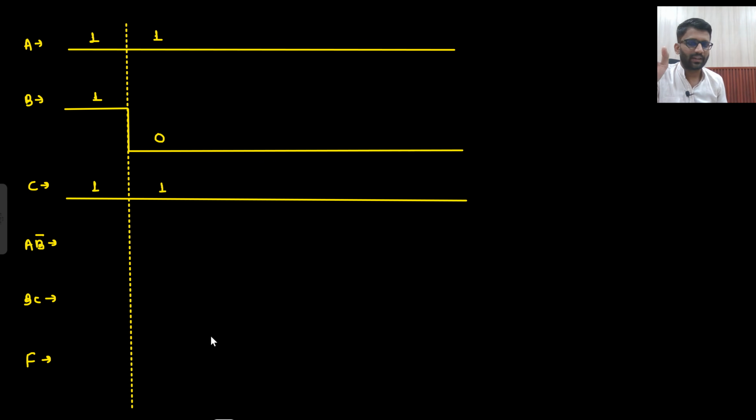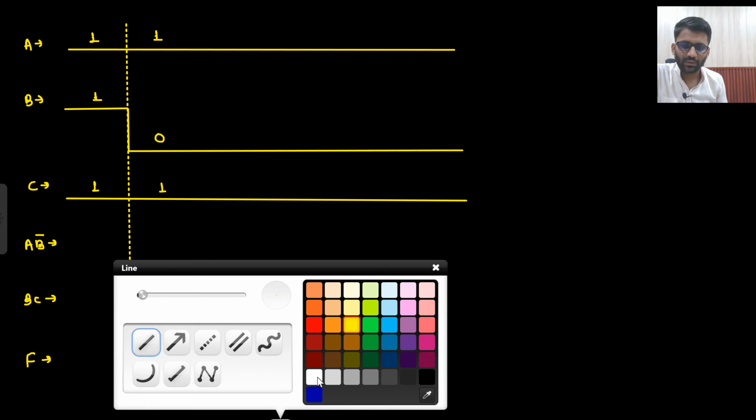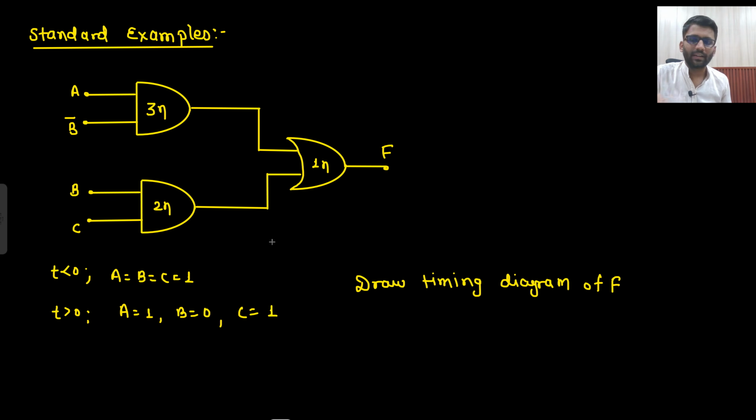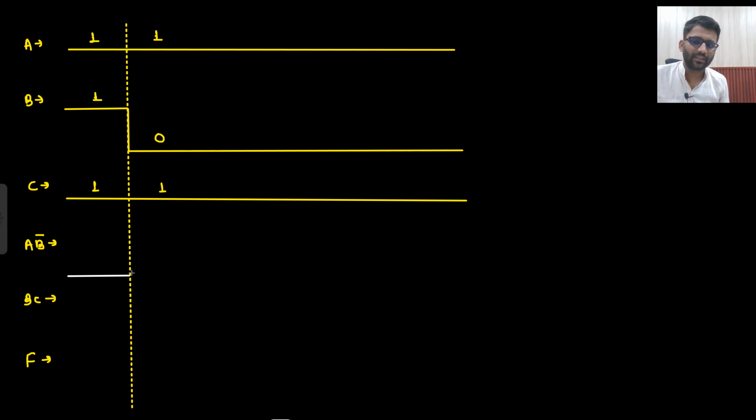So this is your ABC diagram, always 1, and b goes from 1 to 0. What will be your A B bar? For t less than 0, your A B bar was 0. For t greater than 0, now the input has changed. So 1 into 1, A B bar I am calculating, it would be 1, but it will take 3 nanosecond of time because the delay is 3 nanosecond.